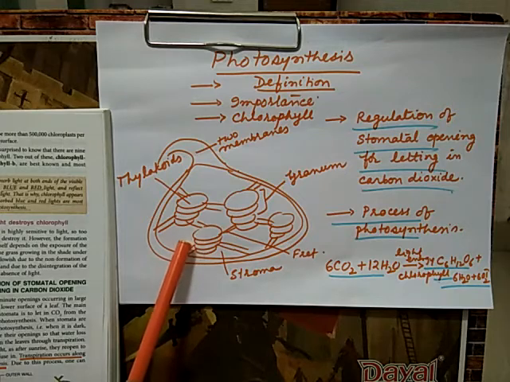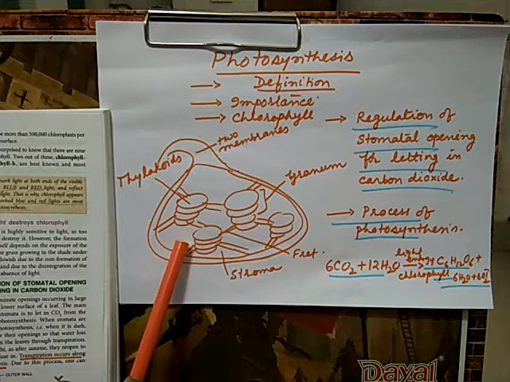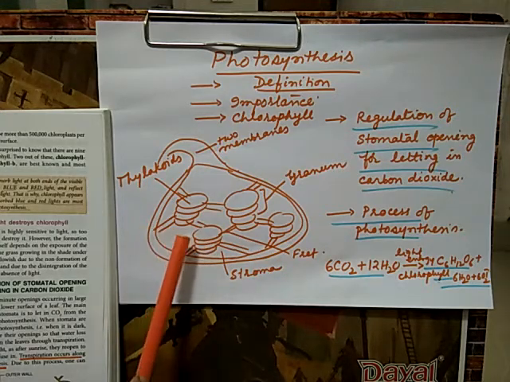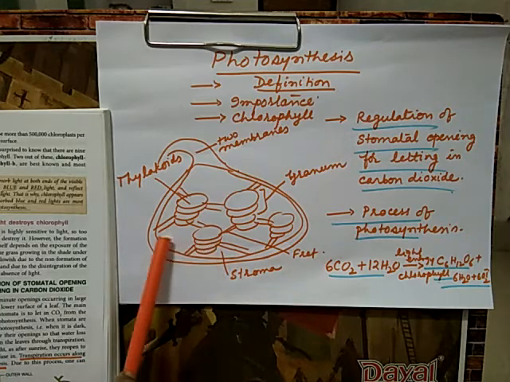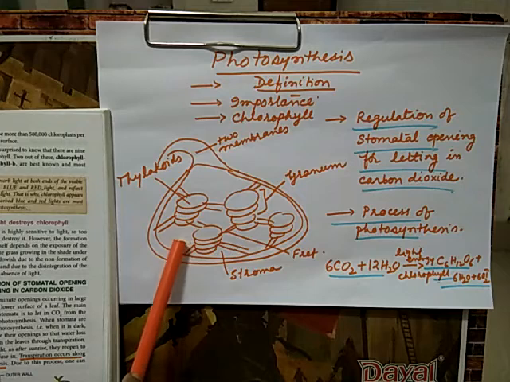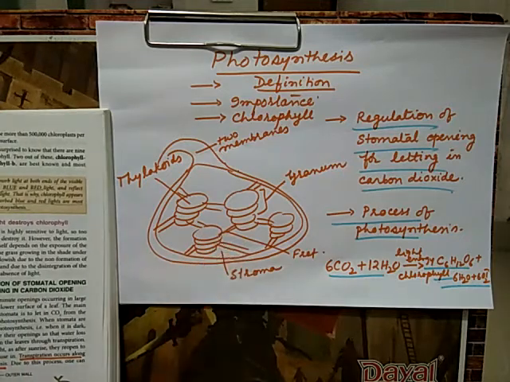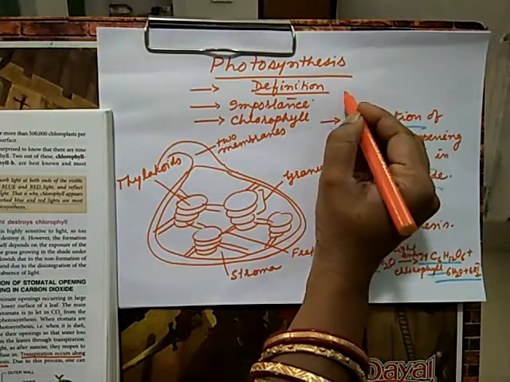The stomatal structures are very much required for opening and closing, for taking in gases by the process of diffusion. They collect carbon dioxide, and they release oxygen and also water vapor, so those structures are very important for the process of photosynthesis. So we will be looking at the stomatal openings and the structures we require.